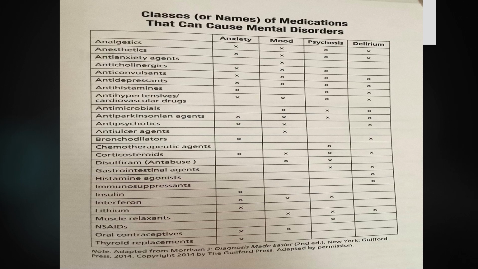There are muscle relaxants like Flexeril, that's used to treat muscle pain, especially if a person's tense. Often used after surgeries. NSAIDs, which are non-steroidal anti-inflammatory drugs, including aspirin and ibuprofen. It does not include Tylenol. That's in a class by itself. Oral contraceptives, of course, are used to prevent pregnancies.